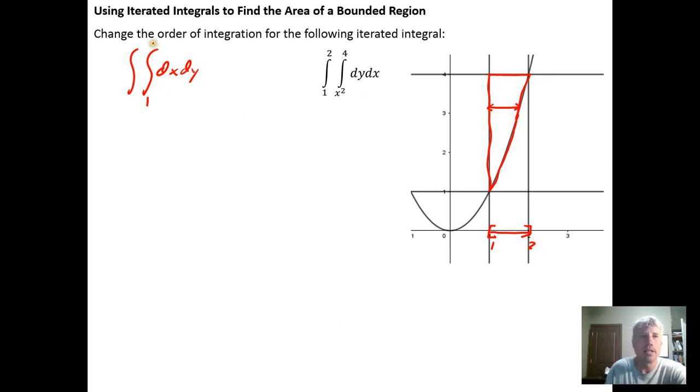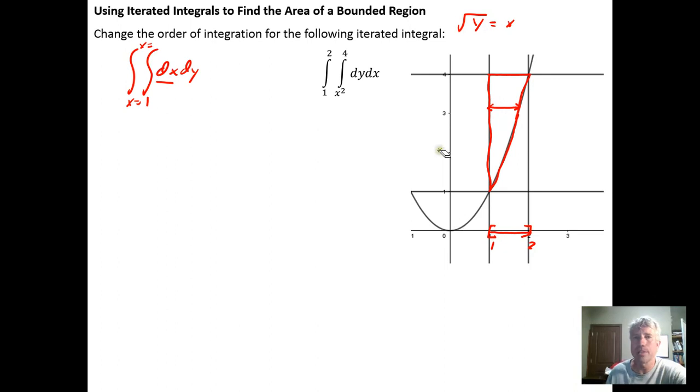And I need to have a function up here, a function of y, because my next integration will be with respect to y. So this parabola, remember, is just y equals x squared, but these need to be x equals for our bounds of integration with respect to dx. So I'm going to need to take the square root of both sides, and I don't need the negative square root because that would correspond to this part of the parabola.